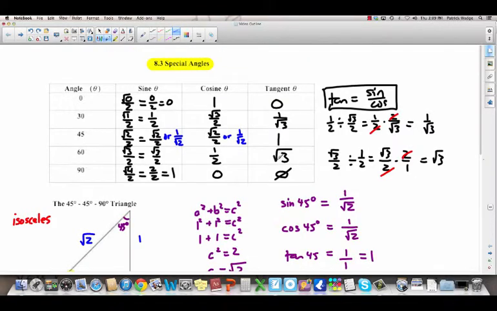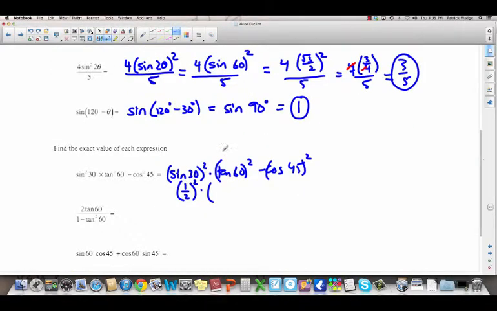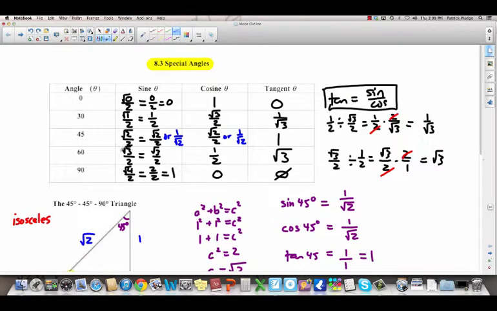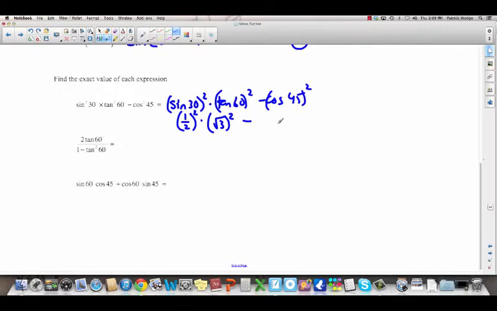Tan 60, you gotta love this table, is root 3, so root 3 all squared, and then you're going to minus cos 45. Cos 45 is root 2 over 2, or 1 over root 2 if you want, but I'll put root 2 over 2. Root 2 over 2 all squared.